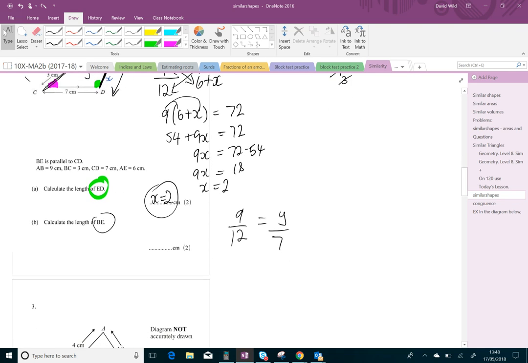So multiply both sides by 7, so Y is 9/12 times 7. Now 9/12 can be simplified to 3/4, so 3 sevens are 21 divided by 4, and if you wanted to, you could write that as 5.25 centimeters, or you could leave it as a fraction.